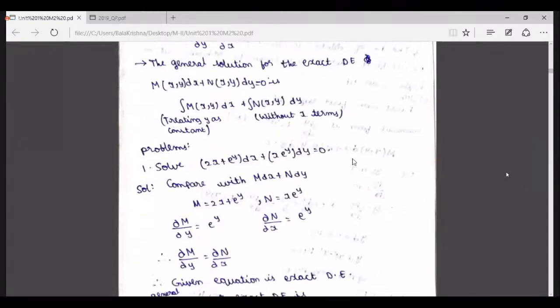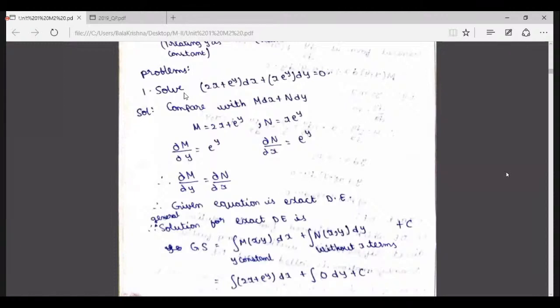Just one example, if you see there, you have a problem. Solve (2x plus e power y) dx plus x e power y dy equal to 0. If you see this question, it was directly given in the form of M dx plus N dy, with functions in terms of x and y.